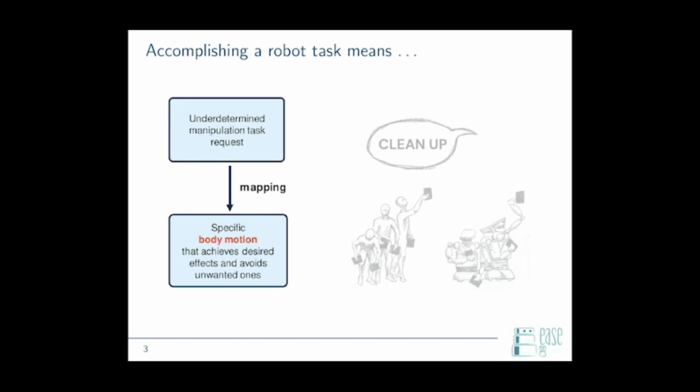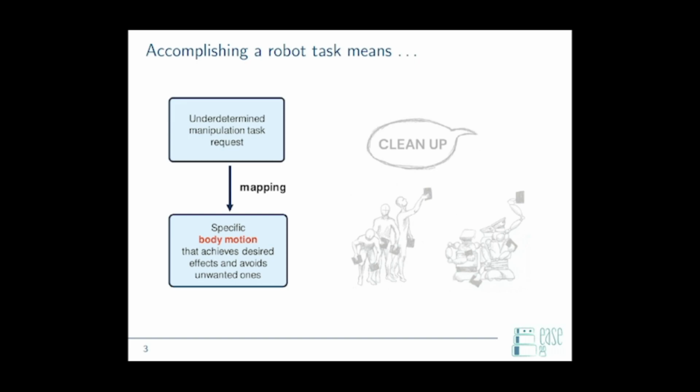And if we are talking about intelligent robots, the tasks are in most cases underdetermined, kind of vague, and they are formulated for an open world, so we don't know all the instances of the task we want the robot to accomplish when we are designing the programs. So what the control program has to do is take underdetermined manipulation task requests and map them into a specific body motion that achieves the desired effects and avoids unwanted ones.